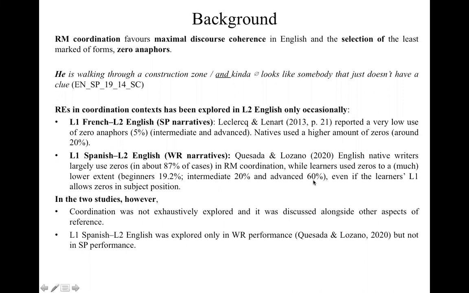And this is interesting because learners have the possibility of using zero in subject position, since Spanish is a null subject language, but they don't seem to be transferring the zeros of their mother tongue to English in this context. So they are over-explicit, we can say, in comparison to native speakers of English.